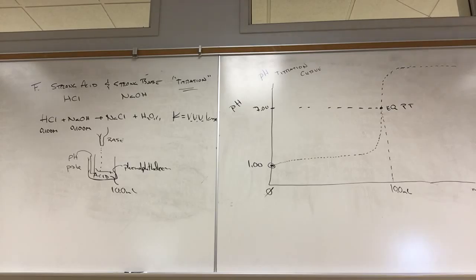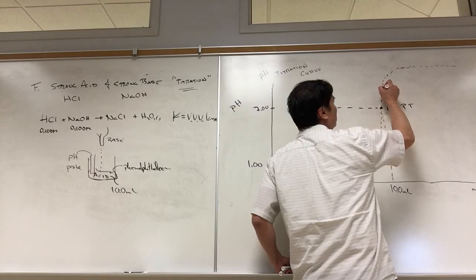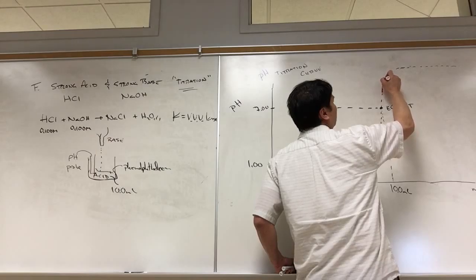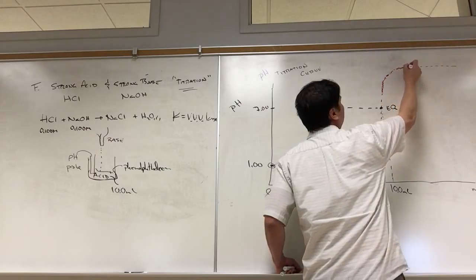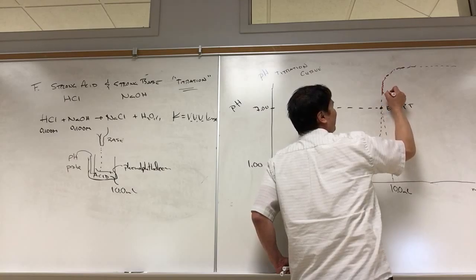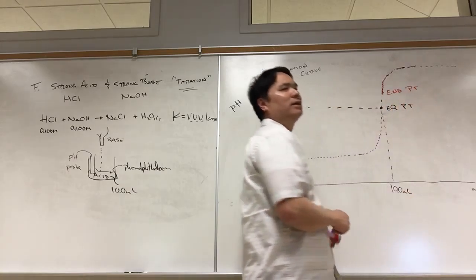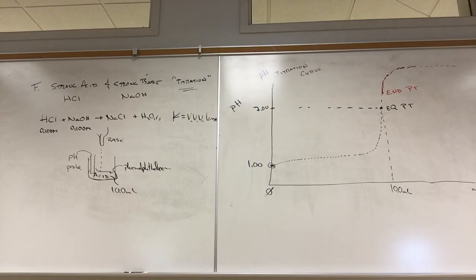But phenolphthalein does not change color at pH 7. Do you know at what pH phenolphthalein will turn pink? You might not know, but phenolphthalein doesn't turn pink until about pH 9. And so here's where you'll start to detect that pink color. And then it'll darken as we go up. And so about pH 9, we call that the end point of our titration. The end point is where the indicator changes color. And so ideally, we want the end point and the equivalence point to be exactly the same.